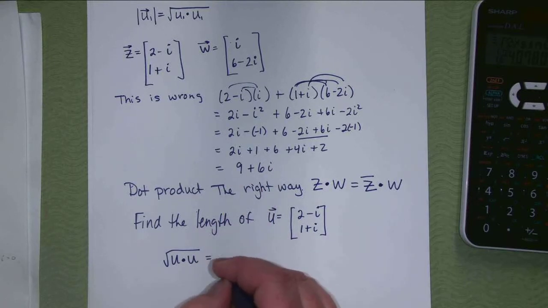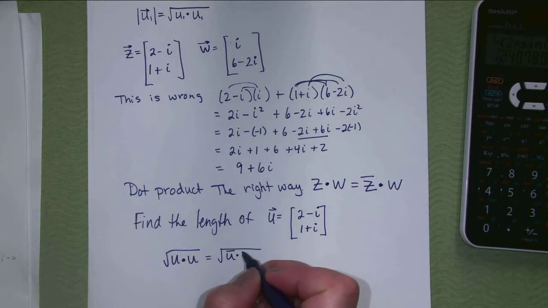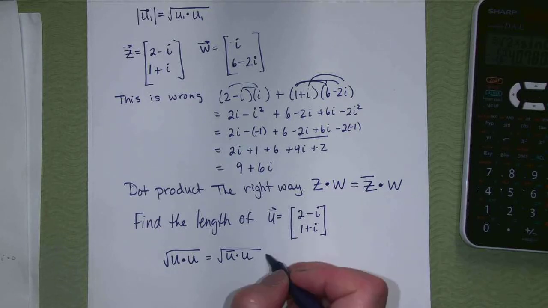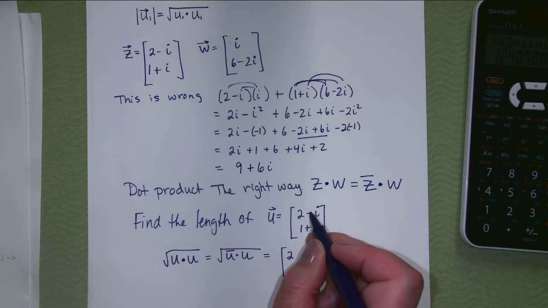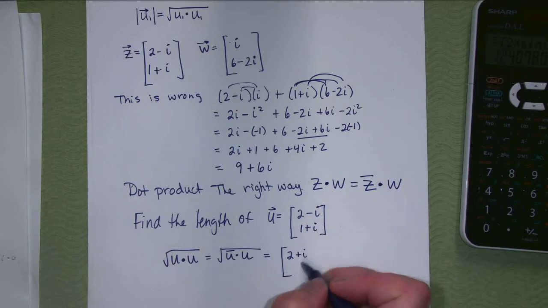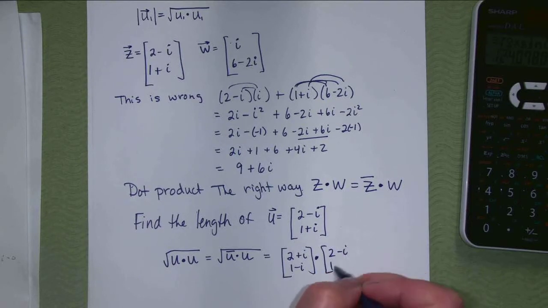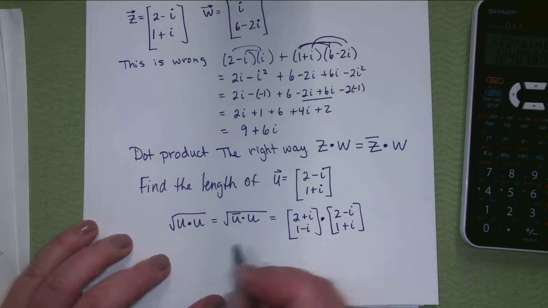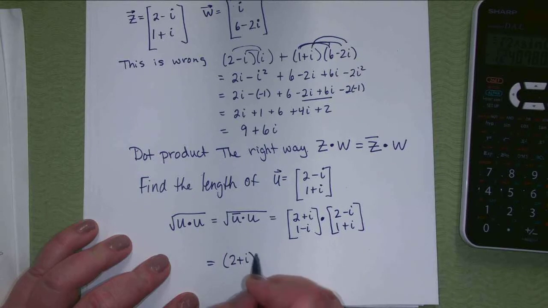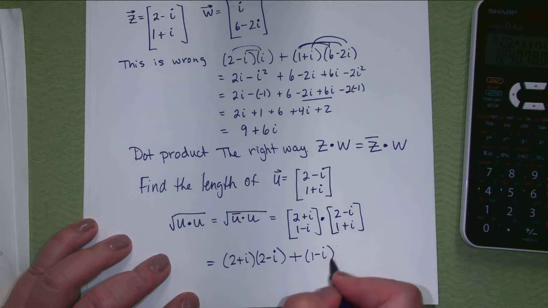So the way to change that is to do the conjugate, and then the dot product that way. The conjugate of this would be changing all the signs in front of the i, so 2 plus i and 1 minus i, and then dot that with the original. And that will give you a number. So if we work this out, 2 plus i times 2 minus i, plus 1 minus i times 1 plus i.